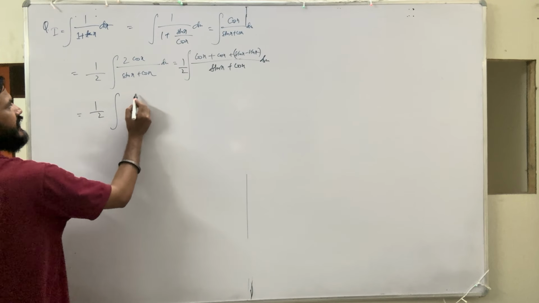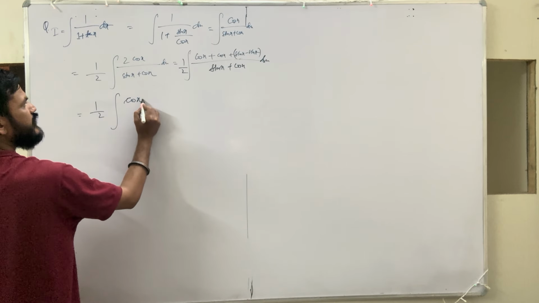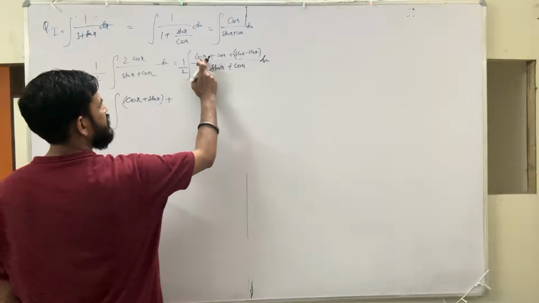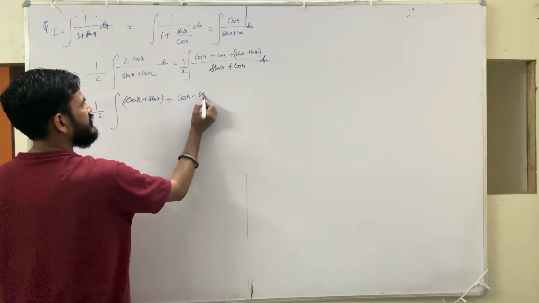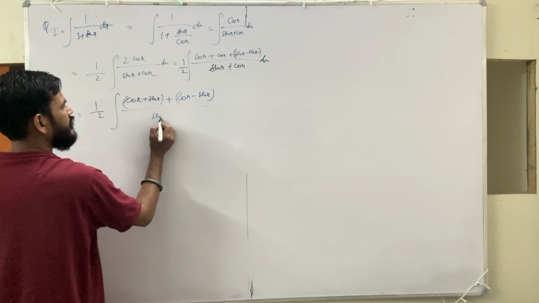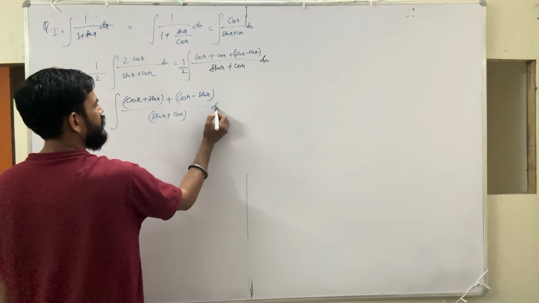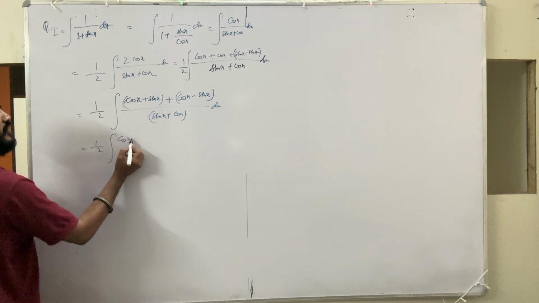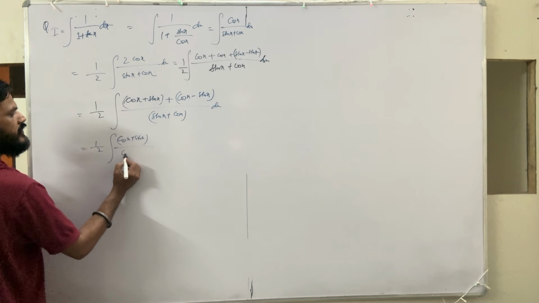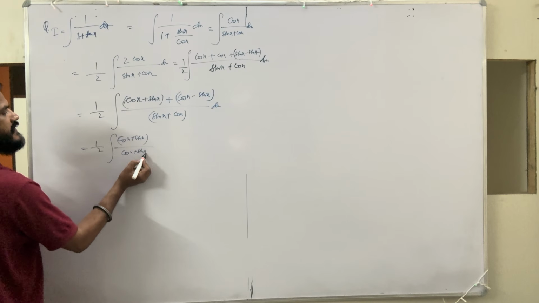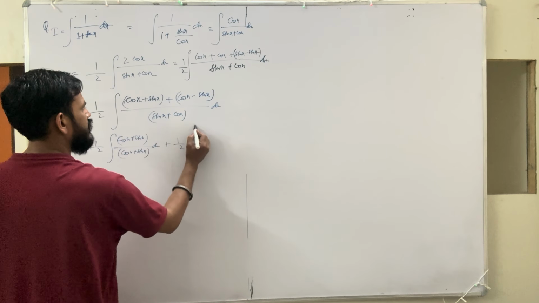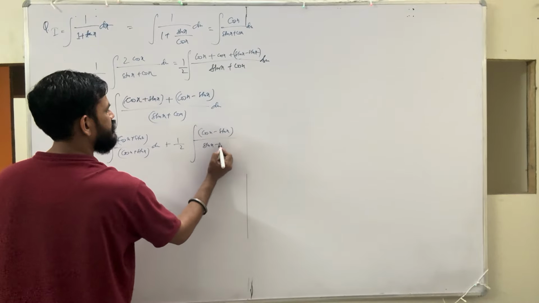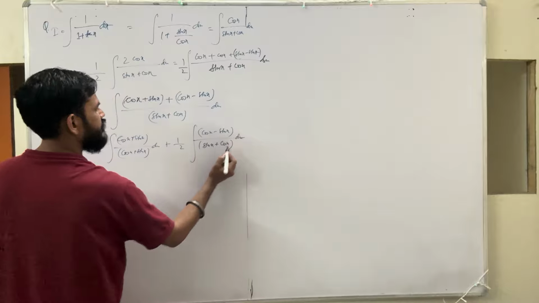Now we will write it as cos x plus sin x, and then cos x minus sin x, divided by sin x plus cos x dx. Now I'll split this by that and this by that. So it will be cos x plus sin x whole divided by cos x plus sin x dx, then half of cos x minus sin x whole divided by sin x plus cos x dx.